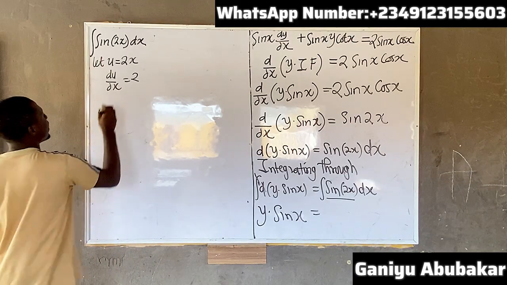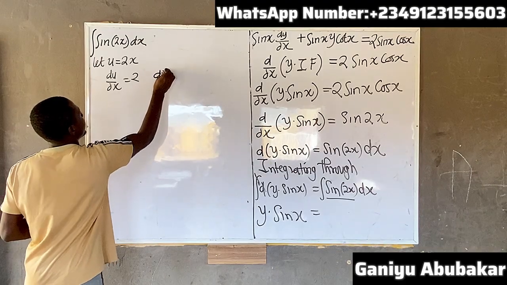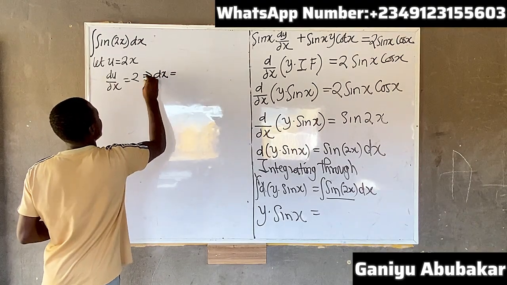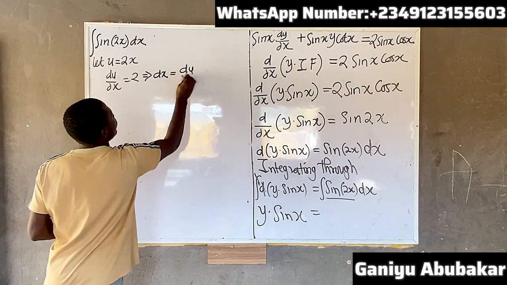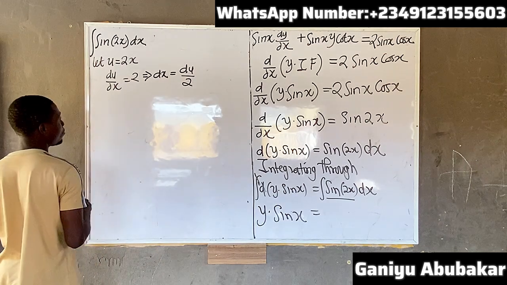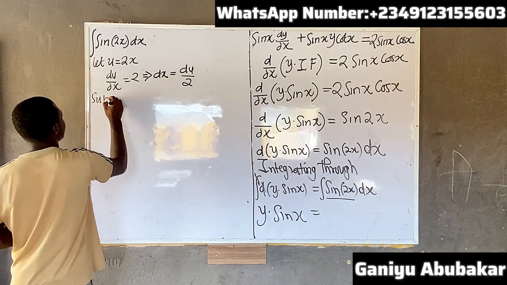Make dx the subject. The dx gives you du over 2.